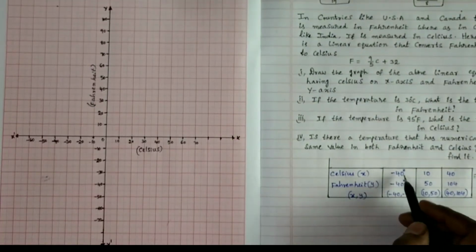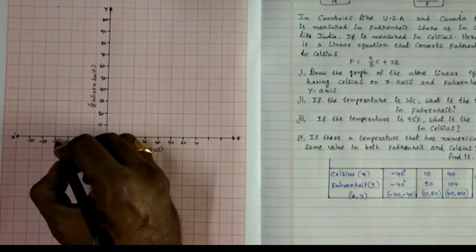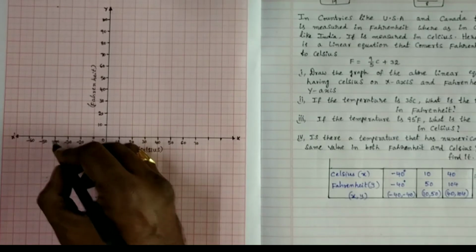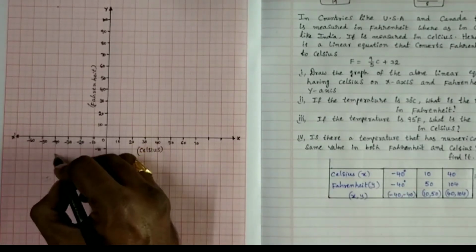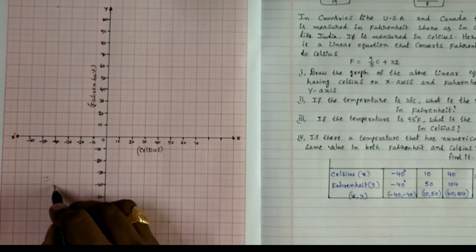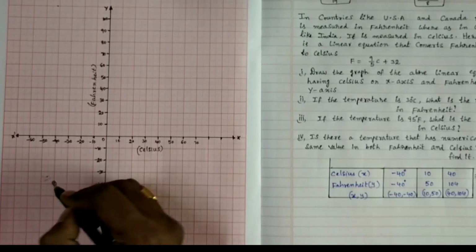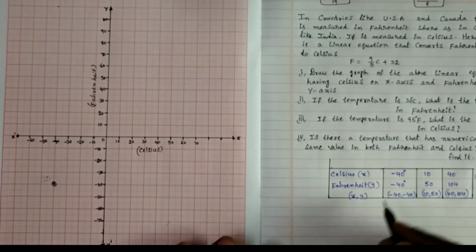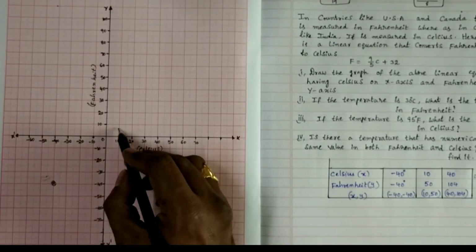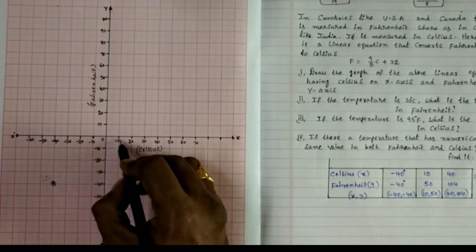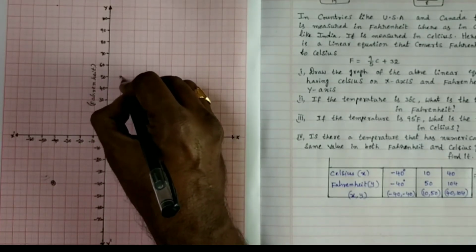The first point is minus 40, minus 40. So on the x-axis minus 40, the y value is also minus 40. So this is the first point. And for 10 on the x-axis, the y value is 50. 10, 50. You take the point here.